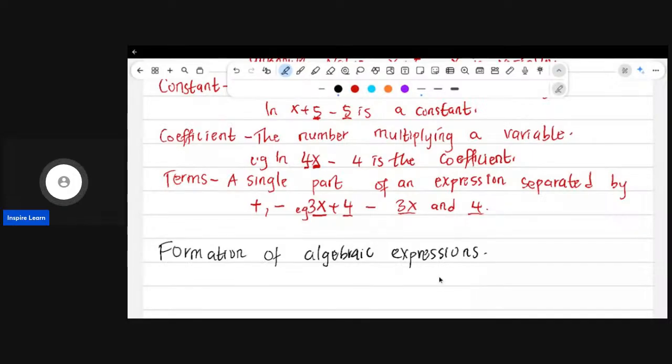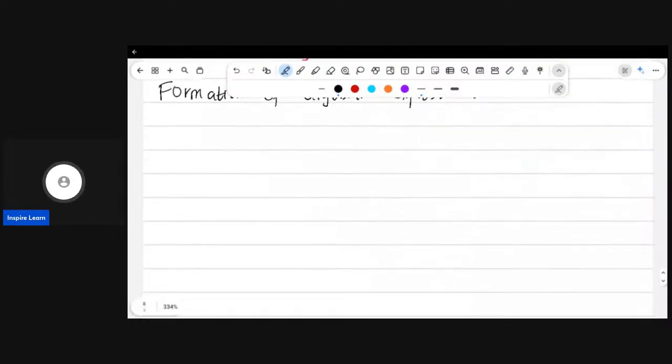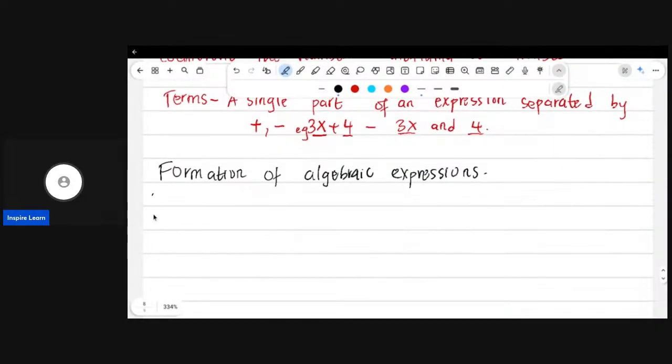So when you're told to form an algebraic expression, what does it mean? Let's have examples.